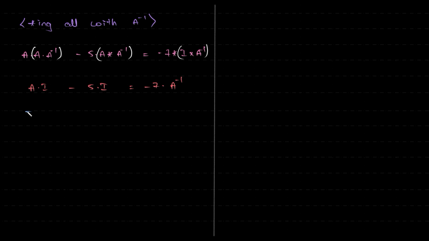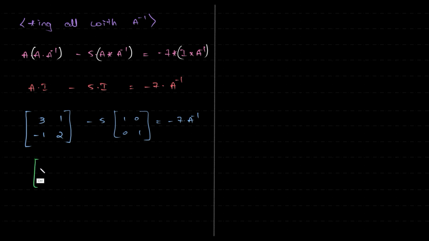So let's do that. A is, I always copy the question wrong, 3 minus 1, 1 and 2 guys. Okay, so into I will give us A itself, minus 5 times of 1, 0, 0, 1, minus 7 times of A inverse. Let's let that be that.